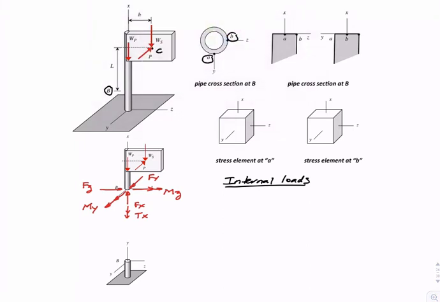For equilibrium, we're going to write our forces in terms of x and y, add those, and so what we have for the x direction is the reaction force Fx, minus the weight of the pole, minus the weight of the sign, that is in i.